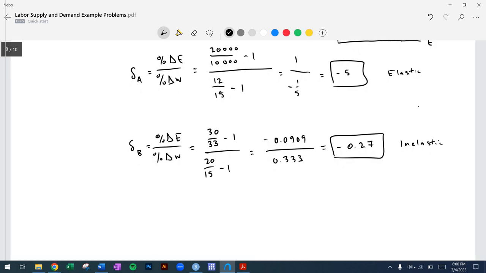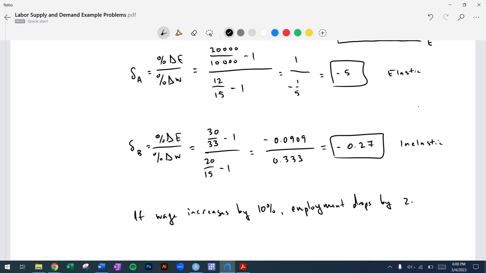Or if you scale that by an order of magnitude, you could say, for example, if the wage increases by 10%, then employment drops by 2.7%. Up there, if the wage increased by 10%, then employment would be dropping by 50%.